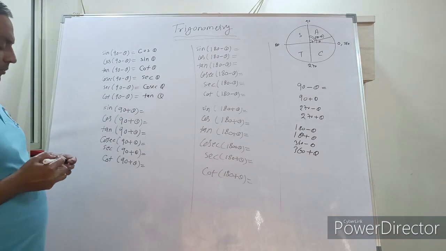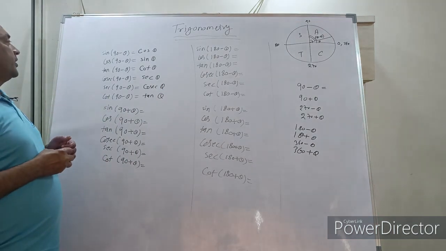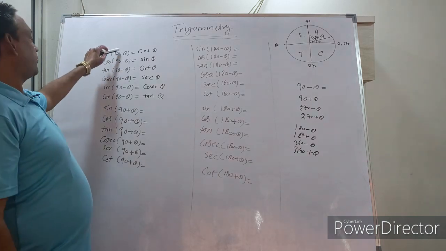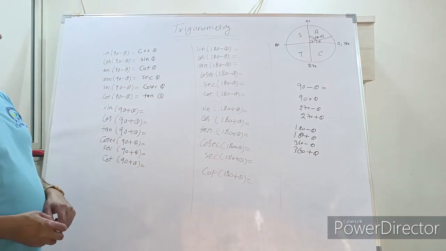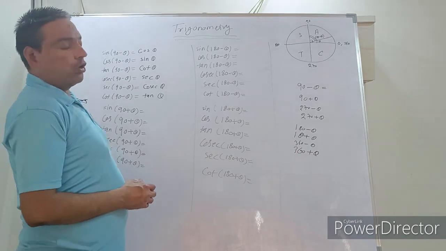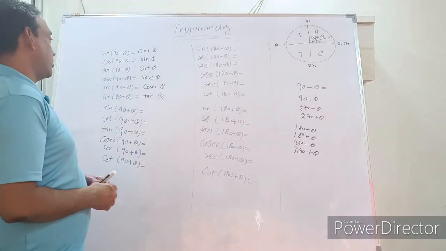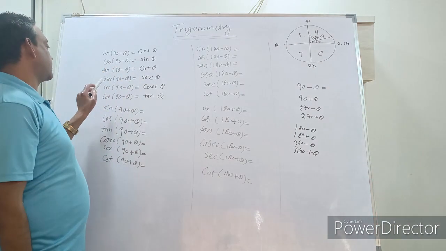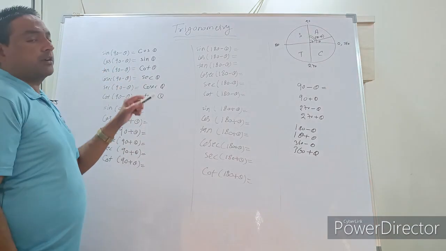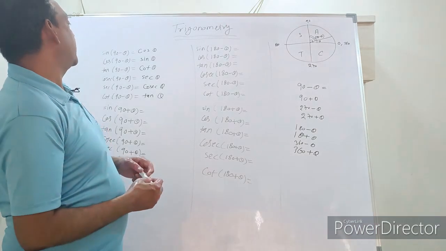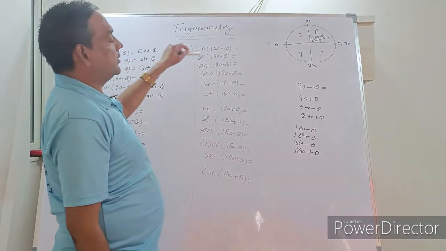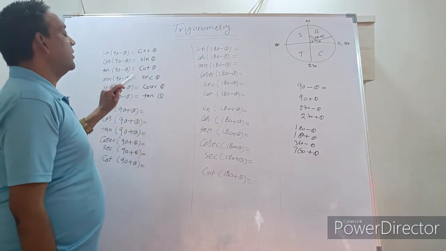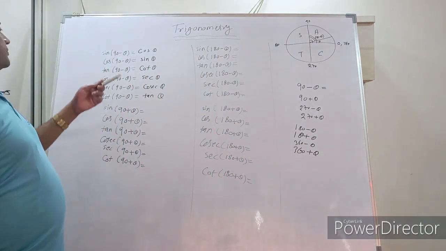Simple. What you have to remember here is that this is an odd multiple of 90 degrees, so the trigonometric function changes. And the second thing, it will be 90 minus theta, which means it lies in the first quadrant, so the sine will be positive, and that's all.